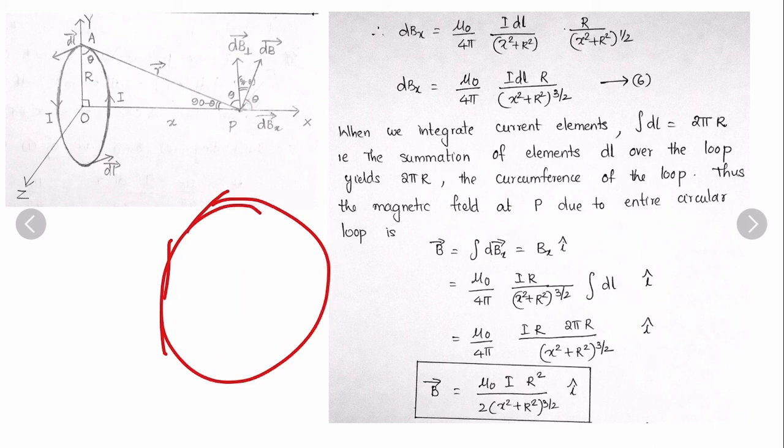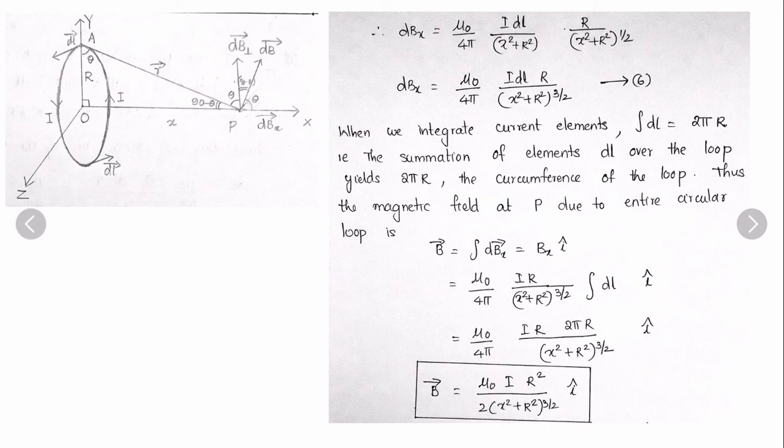Then let's continue. When it is 2 pi R, we get mu 0 by 4 pi, here I am showing you with the red box, mu 0 by 4 pi, denominator I into capital R, integration of dl will become 2 pi R divided by x square plus R square whole to the power of 3 by 2 into I cap.